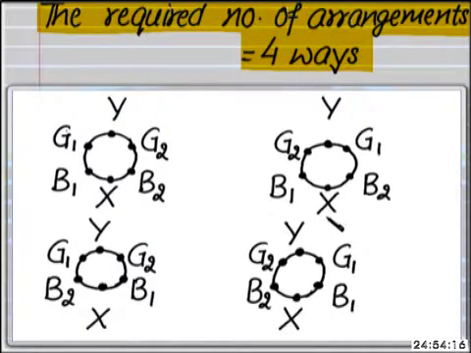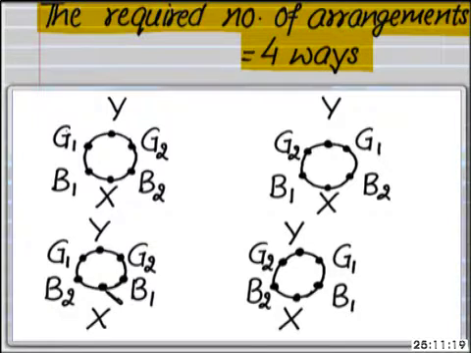In the second case, the boy X can sit the boy B1 on the left side and boy B2 on the right side of him, and the girl Y can sit as the girl G2 on the left side and the girl G1 on the right side of hers.